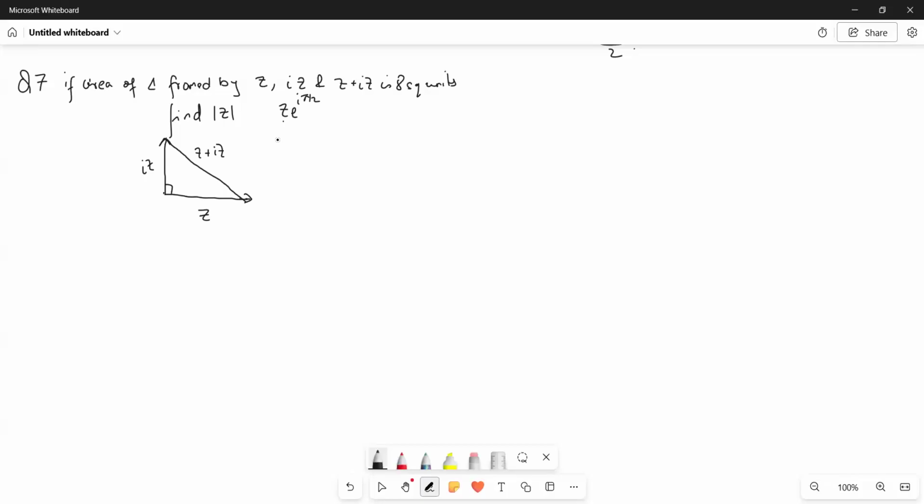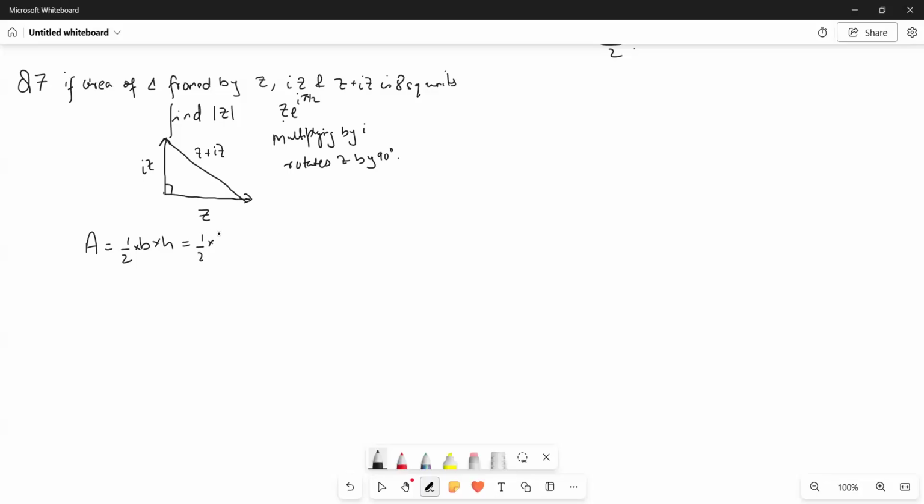Multiplying a complex number by I rotates Z by 90 degrees. Okay. For a right angle triangle, how do you find the area? Half base into height. So this would be half.